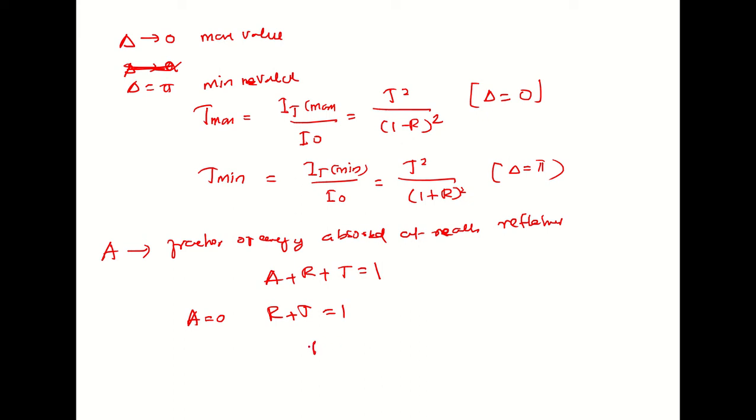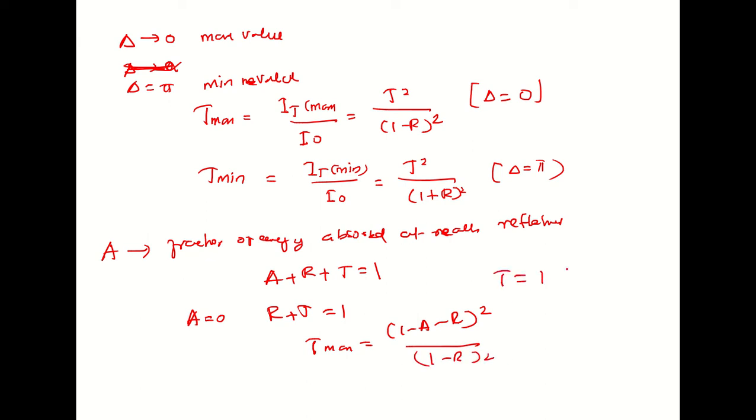So we can say that the maximum value, T max, will be equal to (1 minus A minus R) whole square divided by (1 minus R) whole square. So how do we get it?